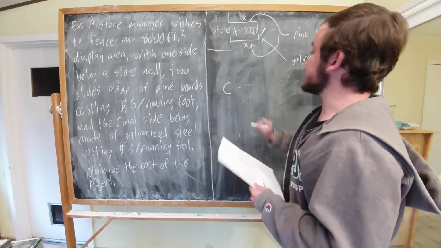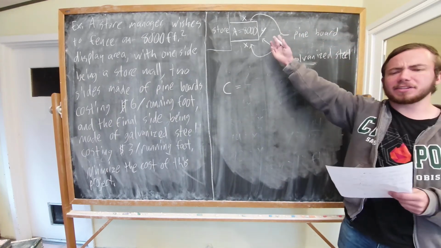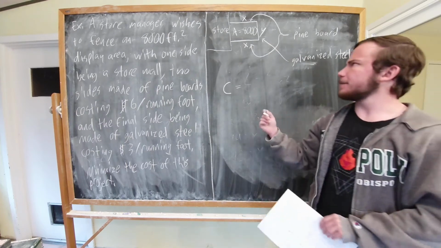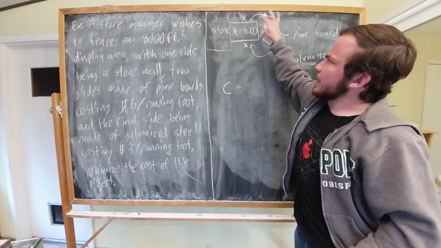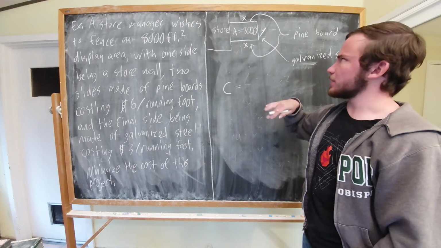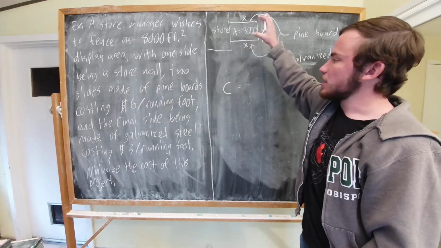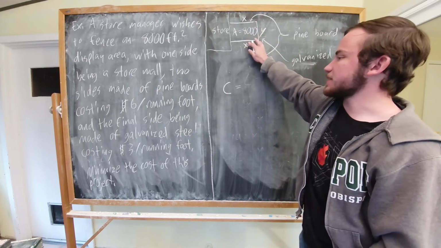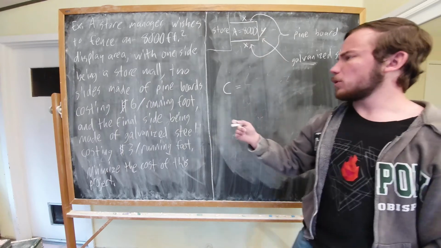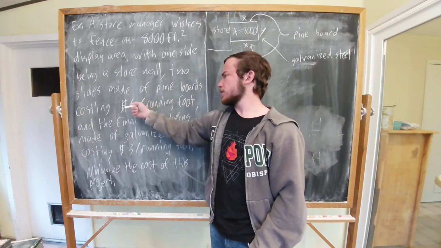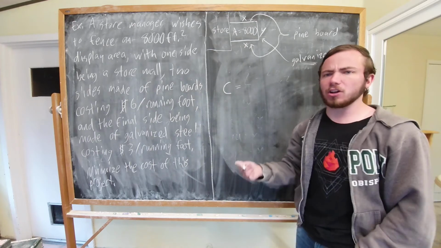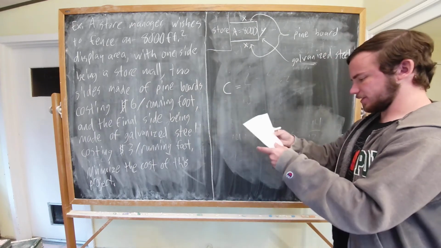The cost C of making this enclosure will be the cost of making each side added together. We have two sides that are the same, so how much does it cost to make side X? Well, if X is measured in feet, pine board costs $6 per running foot.